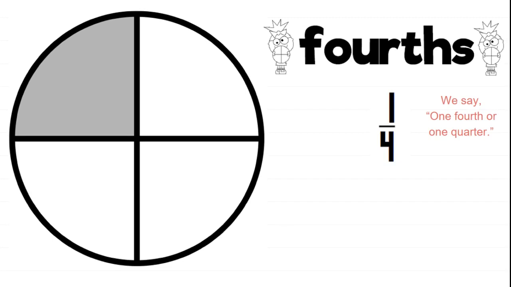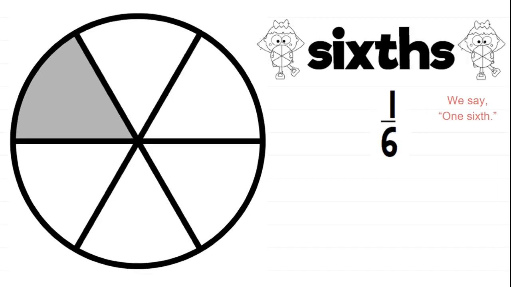Up next, we have a circle cut into 4, and remember that it's fourths. Because 1 is colored, we say 1/4. If you had 2 colored, you would say 2/4. If you had 3 colored, you would say 3/4, all right?